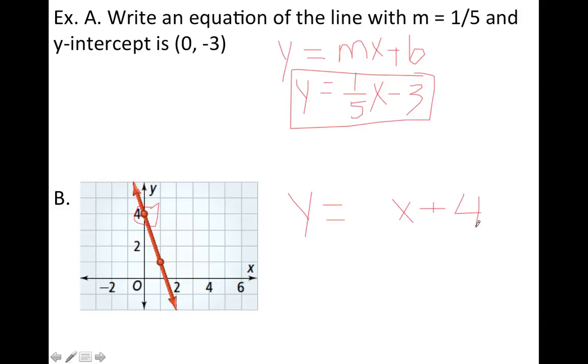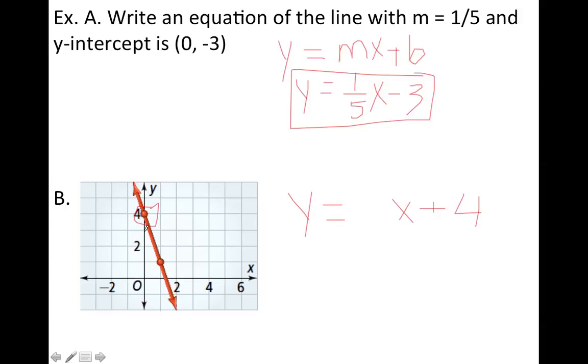Now, to determine our slope, find 2 points on your graph that intersect at a point where they intersect completely. And then we have to use our rise over run, or you count from one point to the other, going up and down first, and left and right second. So I'm going to start at my point here and work my way down to my second point.